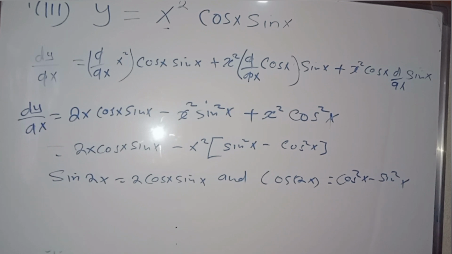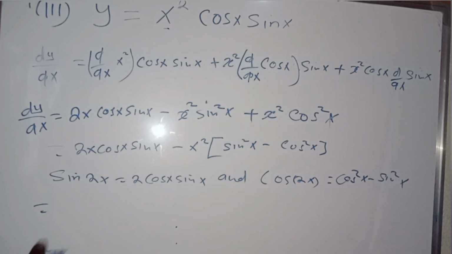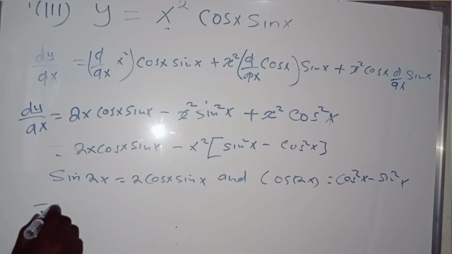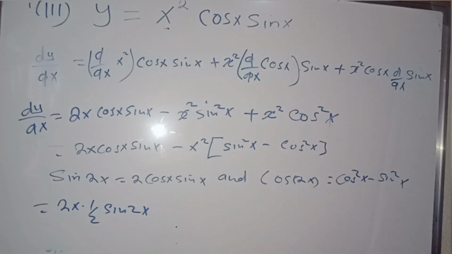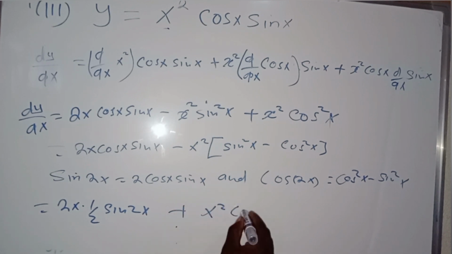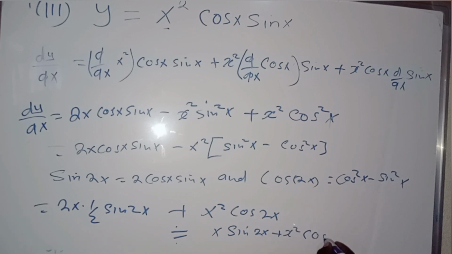So open the bracket, it will be 2x cos x sin x, and cos x sin x is half sin 2x, so 2x multiplied by a half sin 2x, plus x squared cos 2x. This is equals to x sin 2x plus x squared cos 2x. This is your required solution.